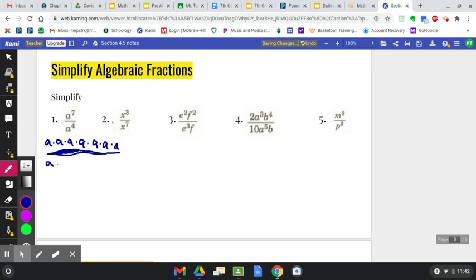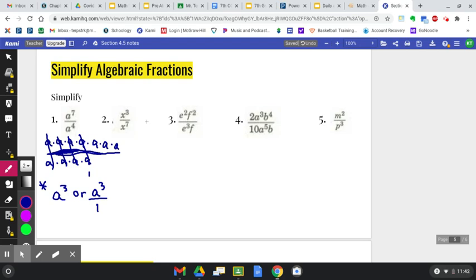And then 1, 2, 3, 4. So as I cancel out, these are all equal to 1, right? So I end up with 1 times 1 times 1 times 1 on the bottom would be 1. And on the top, I have a to the third. You could write that as a to the third over 1 if you want to write it as a fraction, but an answer key would have it like that, right? Usually divide by 1, we don't write that there.